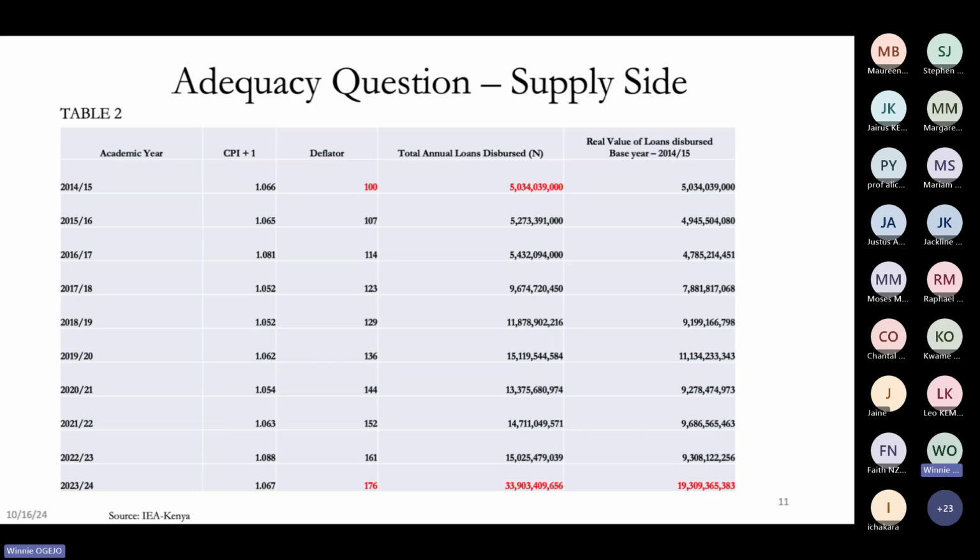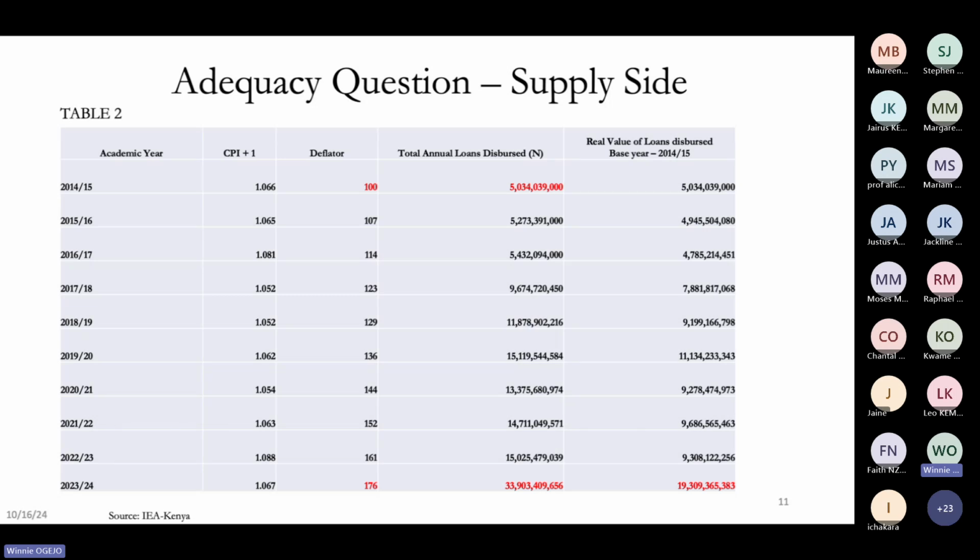Then you will have to calculate and multiply that 5 billion by the 146, which we constructed through our deflator, and you will get roughly 8 billion. So that means that if you are to spend an equivalent of 5 billion that was spent in 2014-15 in 2023-24, then you should be spending just about 8 billion.